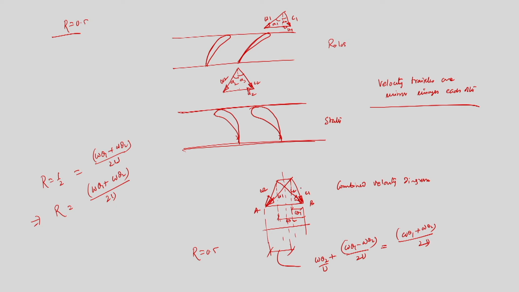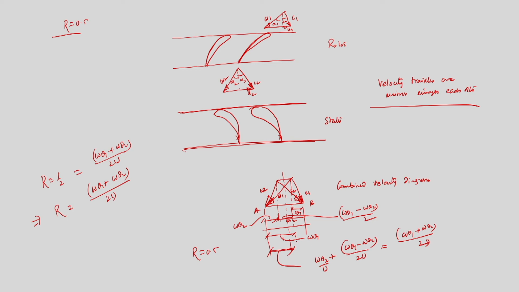Because this is w1, this is w theta 1 and this is w theta 2. So this quantity will be w theta 1 minus w theta 2, divided by 2, plus w theta 2, and this is for degree of reaction r equal to 0.5.